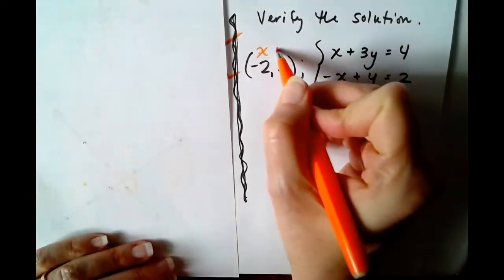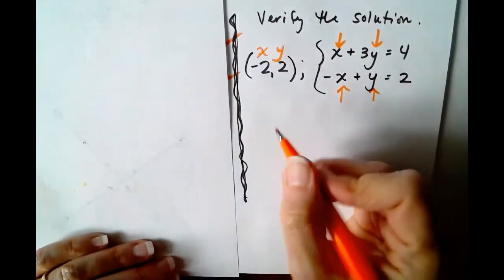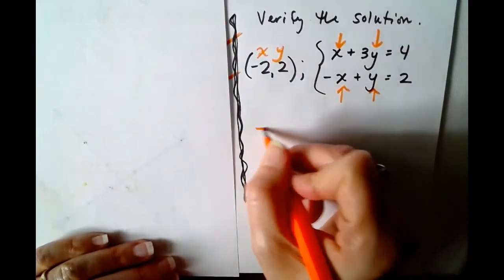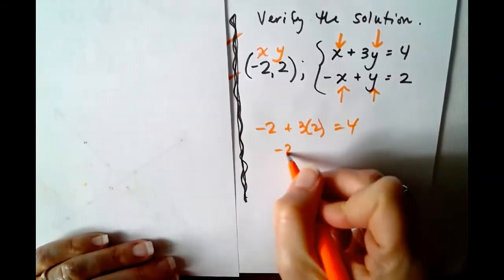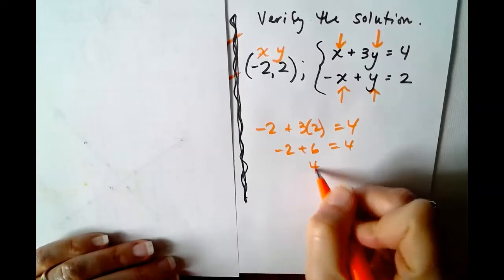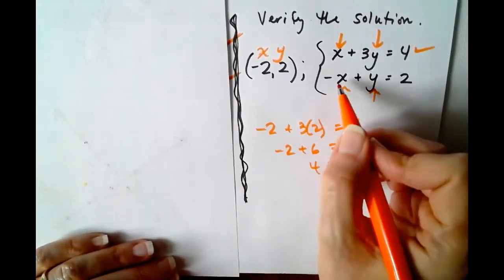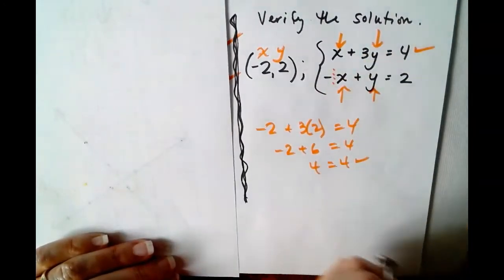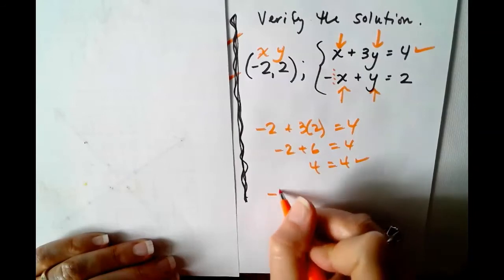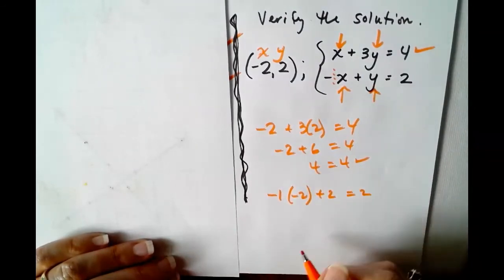Let's do the one on the right. Remember, this is x, this is y. Here's where we're plugging them in. Both equations. It's got to make them both true. Is -2 plus 3 times 2 equal to 4? -2 plus 6 is equal to 4. 4 equals 4. Yes, first one checks. Try the next one. This, remember, is -x. Remember, that's -1 times x. So -1 times -2 plus 2, does that equal 2?